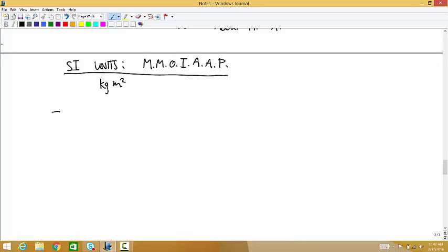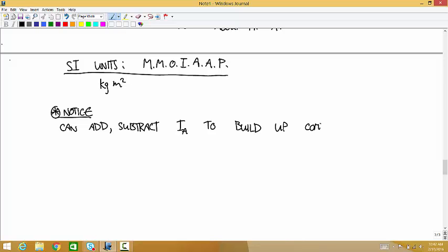And the key thing to keep in mind is that you can add or subtract moments of inertia, to add or subtract material to build up a more complicated shape, as long as A is the same for both of the bodies.